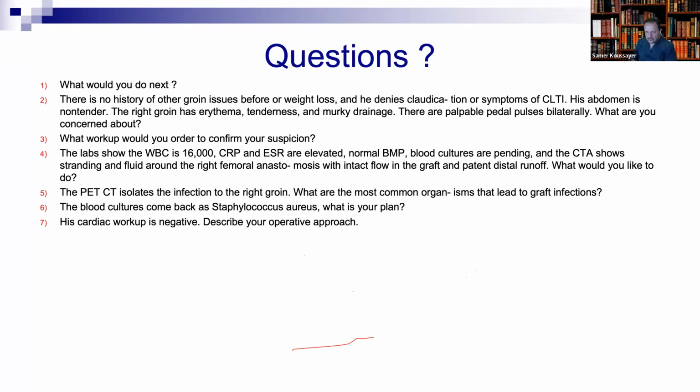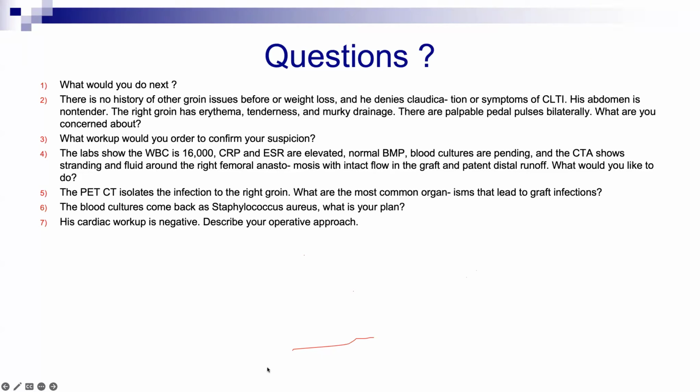In the exam, you don't give him two surgeries, because in the OR you cannot do two surgeries. You have to decide, I'll do this one or this one. Tell me what you want to do. FEM. You do a FEM bypass. Okay.